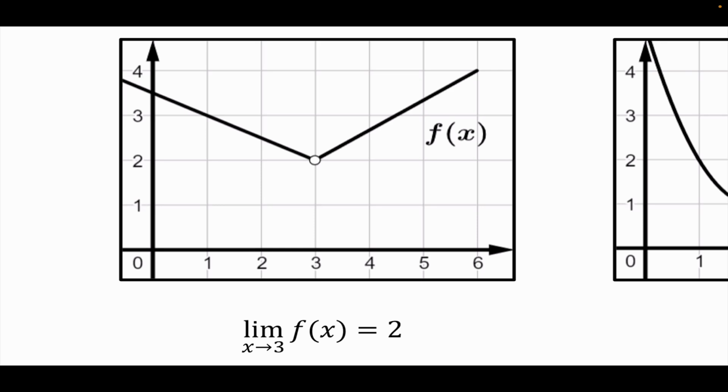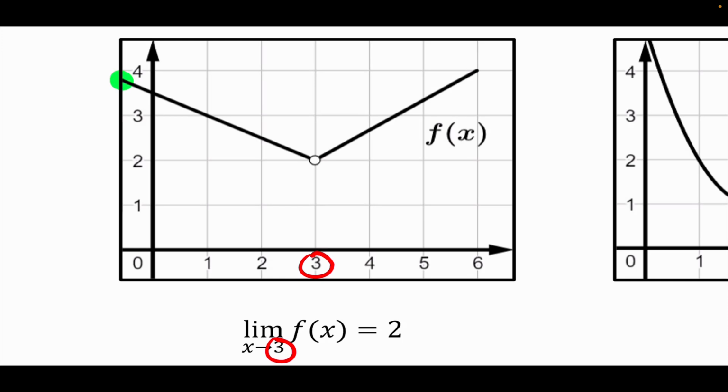Okay, so let's go to the function. The function is the V, the graph, right? So I'm going to start from the left side. The left side of the graph is right there, right? That's the very left of the graph. So as we get closer and closer to x equals 3, what is y doing?